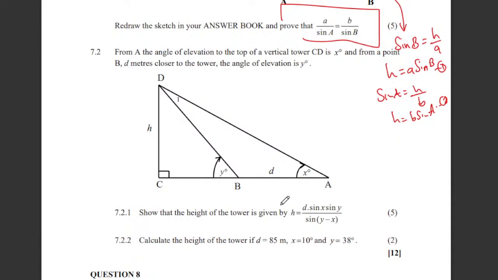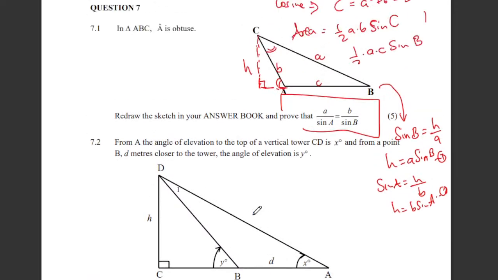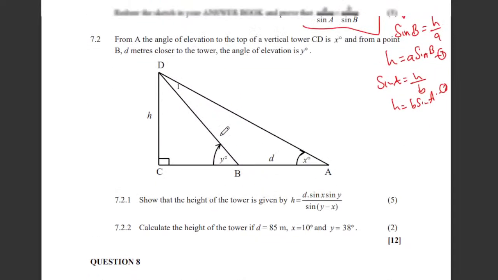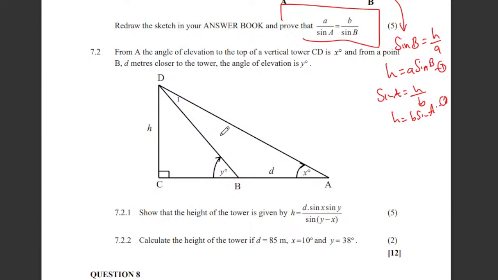Then question number 7.2. In normal cases, if they ask you to prove the sine rule, then whatever comes after is just an application of the sine rule. From A, they're telling us the angle of elevation to the tower is x. That is the distance, elevation is that. Angles of elevation and depression carry more or less the same meaning, as long as you know how to work with them.